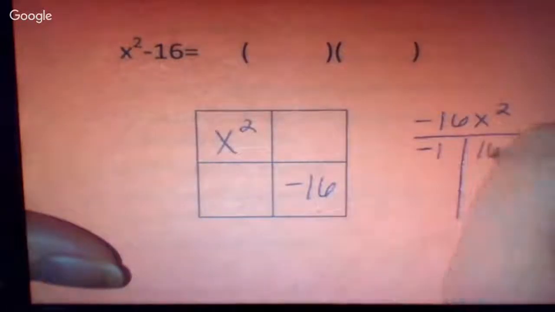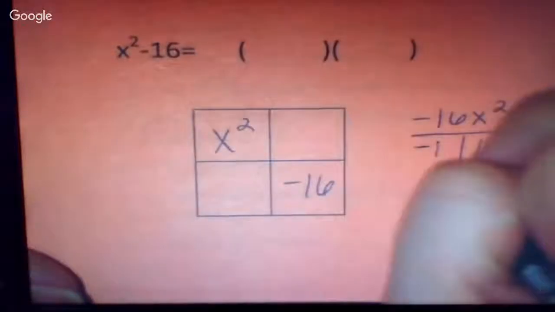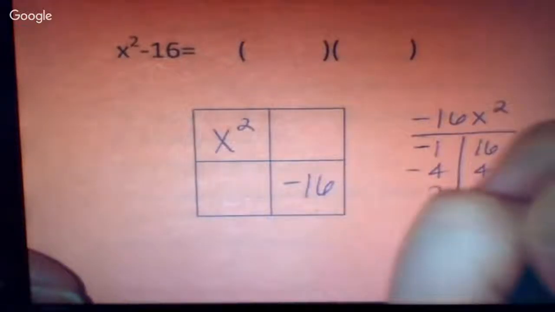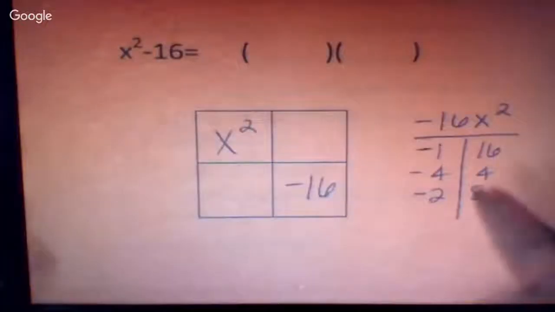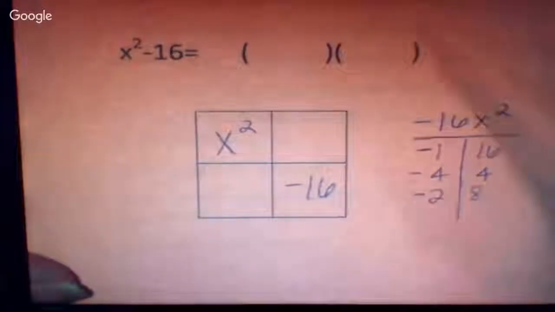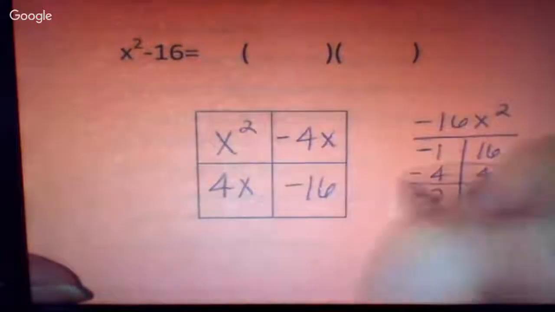So I've got 1 and 16. What else do I have for 16? 4 and 4, or 2 and 8. Negative 4 and positive 4. Again, because this is negative, we have to have one of each. So I've got negative 4x and positive 4x.